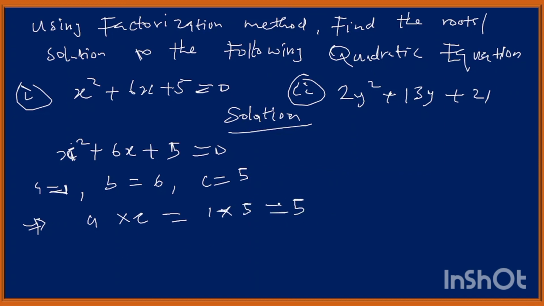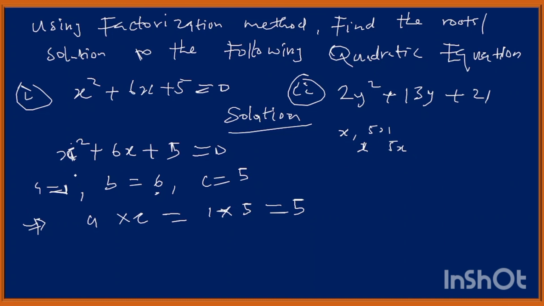So we look for the factors of 5 that when we multiply together give us 5, and when we add together give us 6. And that is 1 and 5. We attach x to it, it becomes x and 5x. So in place of 6x, we put in x and 5x.